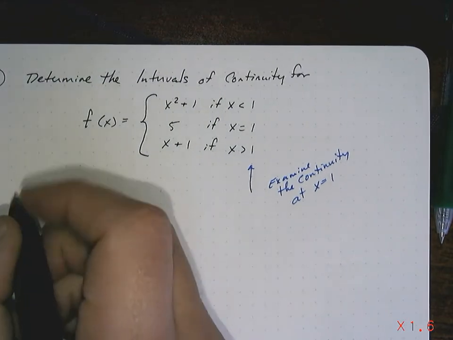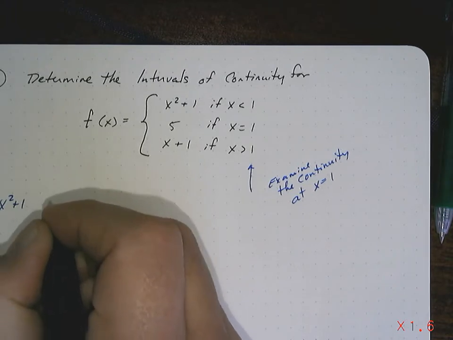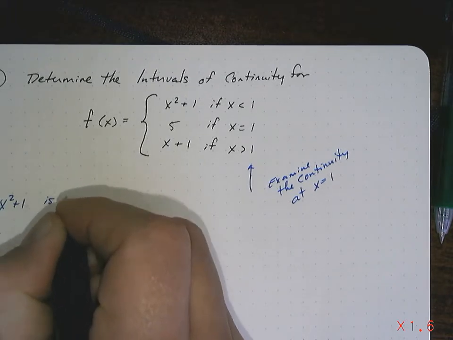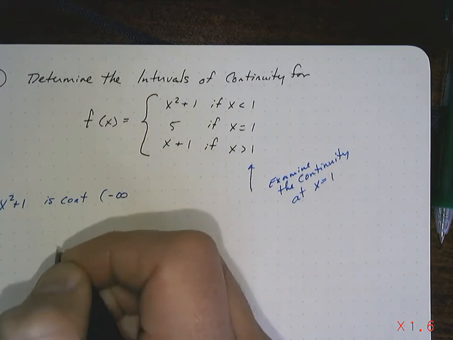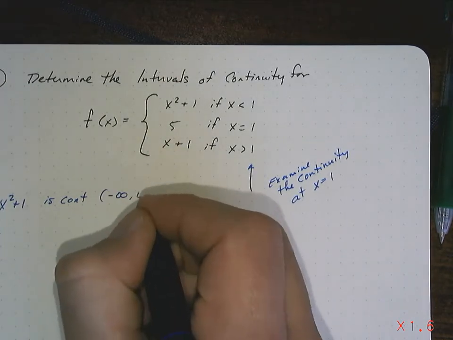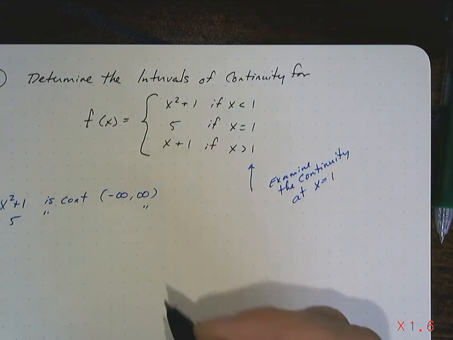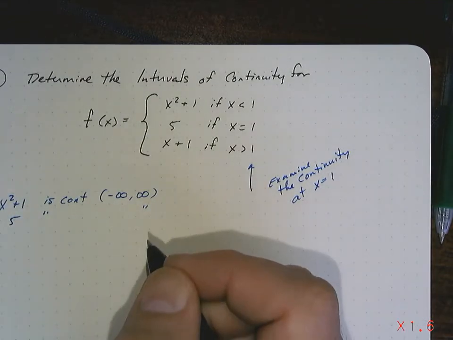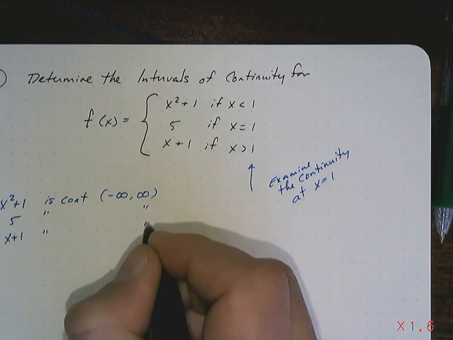We can use that information in what we're doing. We can take a look and we can realize that x squared plus 1 is a polynomial function. So it is continuous on negative infinity up to infinity. 5 is also a polynomial function, and it's continuous everywhere. And the same is true for x plus 1. This is just the same argument I gave you.